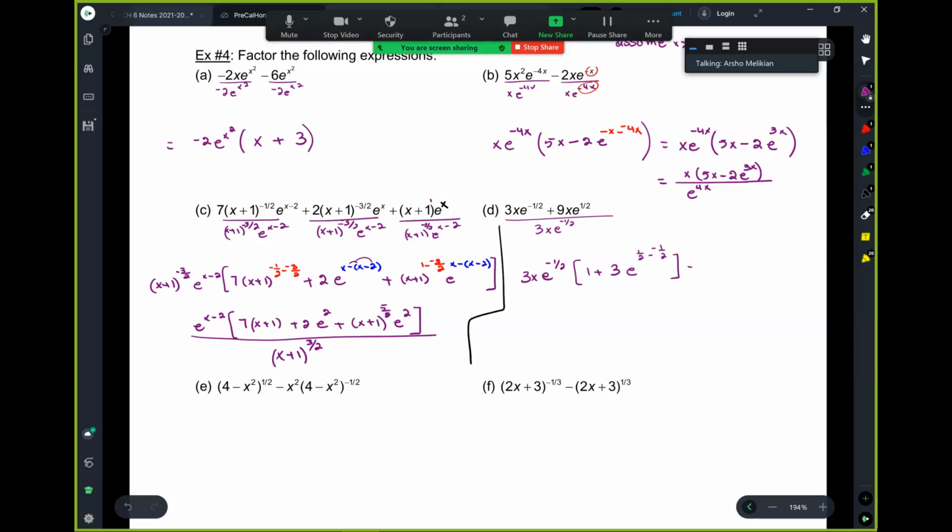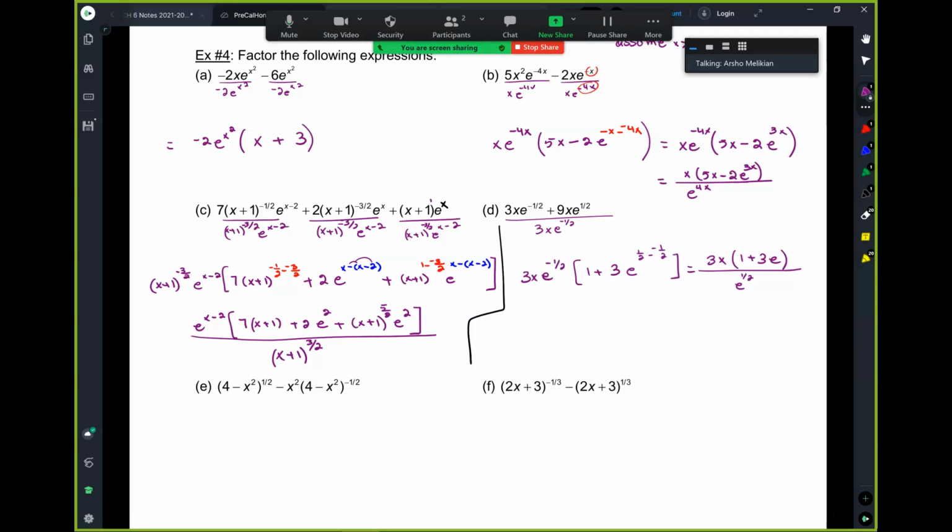Here we do have a negative exponent in the initial e, so I'm going to make a fraction, thinking ahead. The first term, the 3x, will be up here, but e to the 1/2 will be down here. And then in the parentheses, I have 1 plus 3 e to the 1.